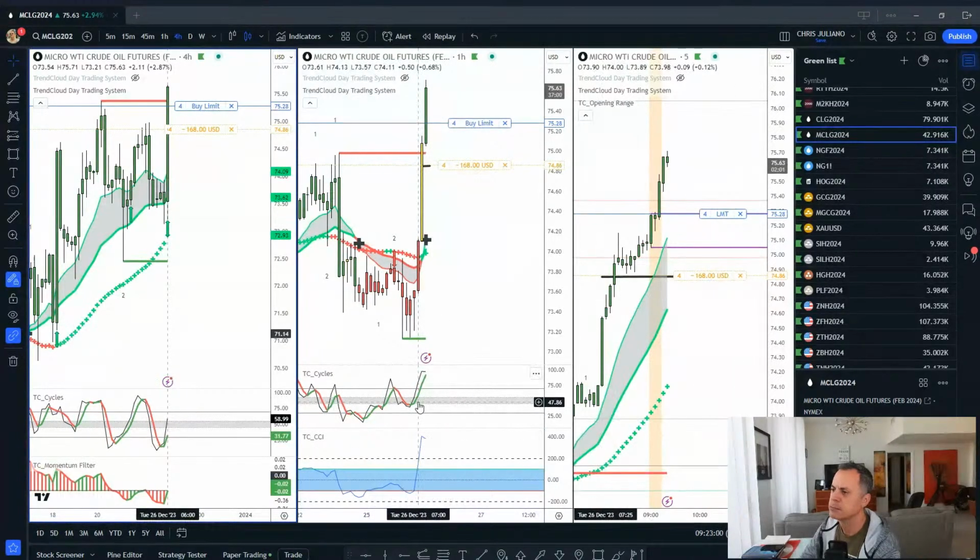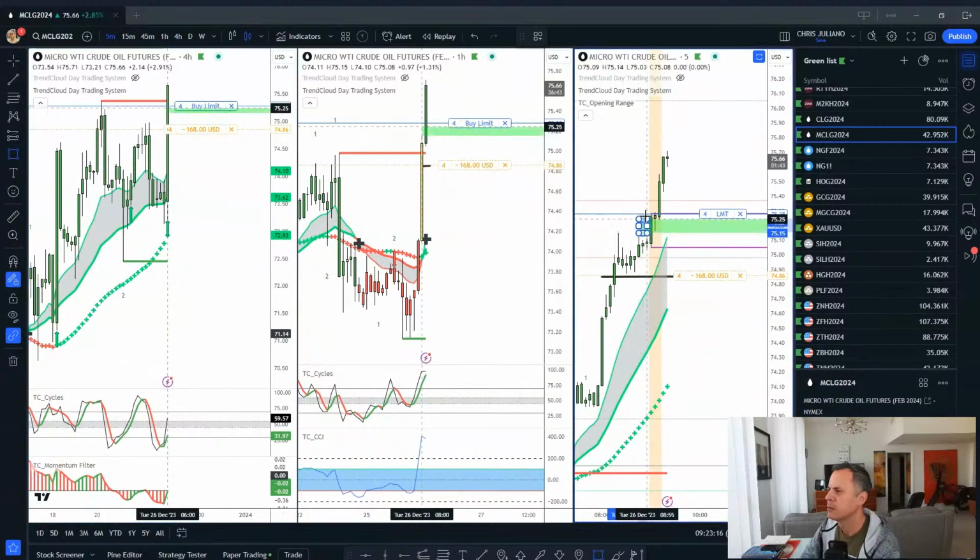Momentum is up, cycling up, trend is up, middle time frame. Perfect. Pulling back into that low time frame trend cloud, and you've got your demand zone right inside of the opening range.